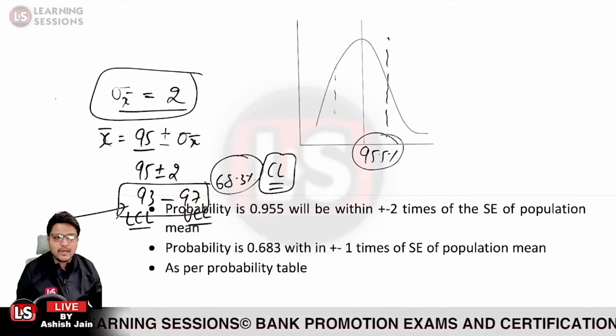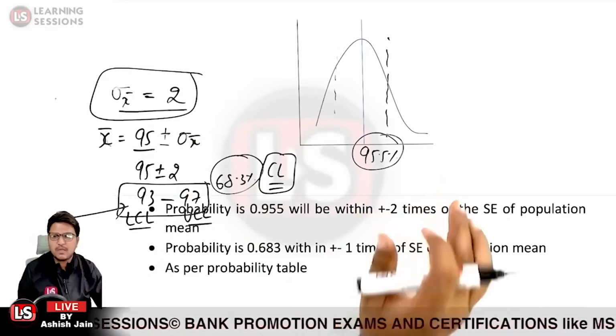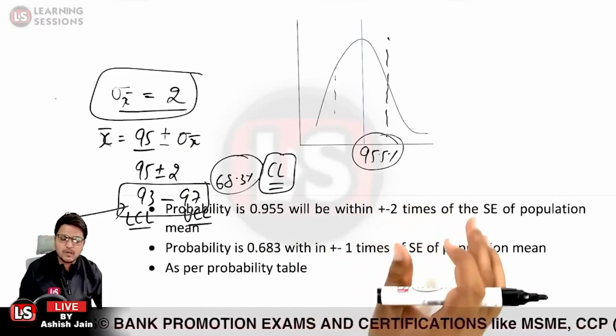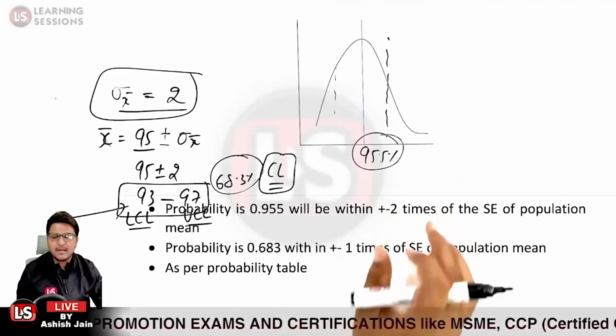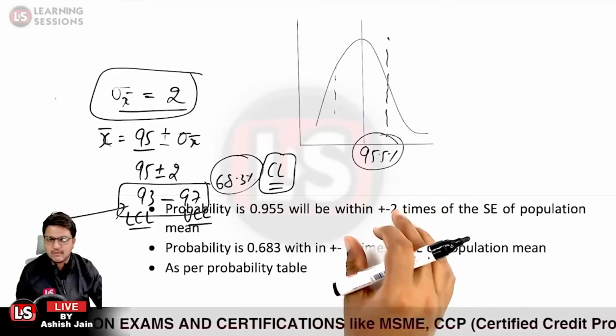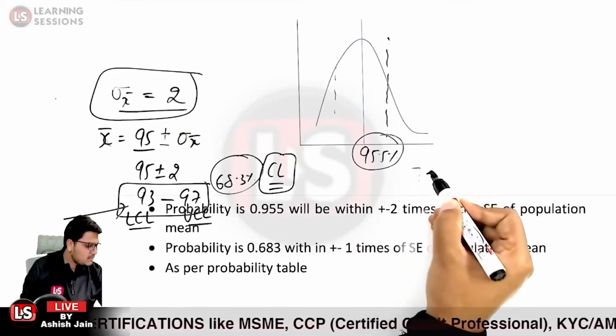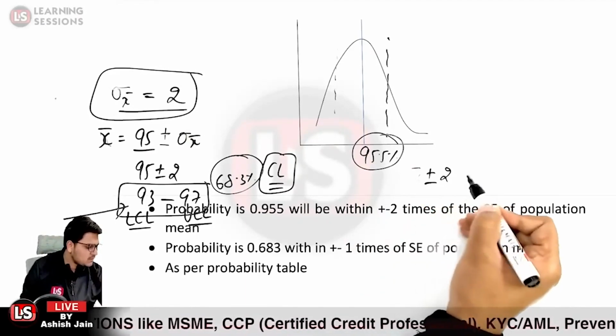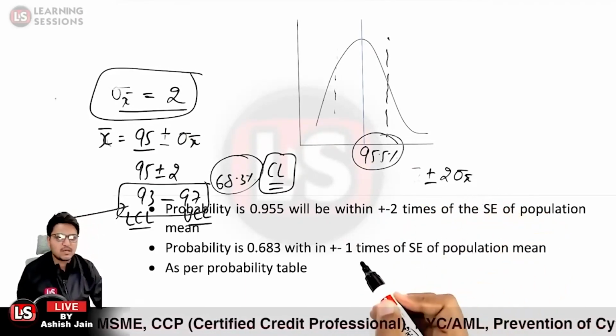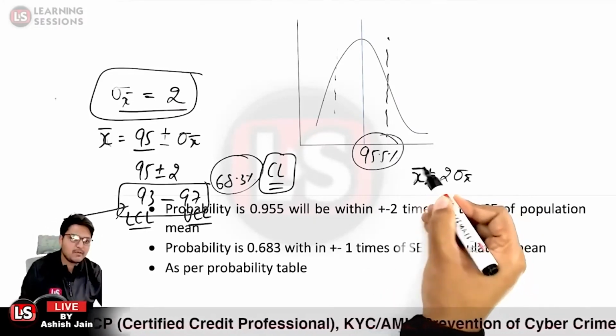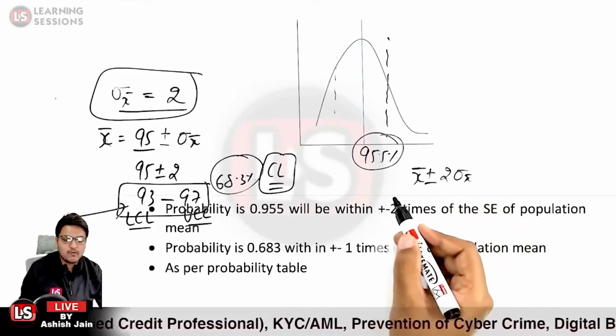And if you want to calculate at 95.5% probability, that the population values would lie within the estimated interval, in that case it will be x bar plus or minus 2 times sigma x bar. In that case, we multiply it by 2. So what would be the new range?